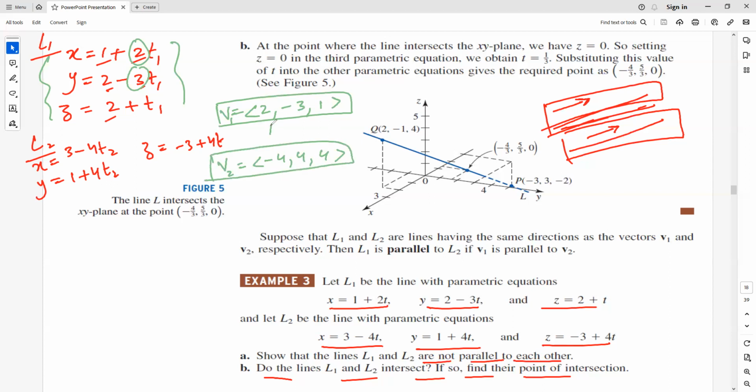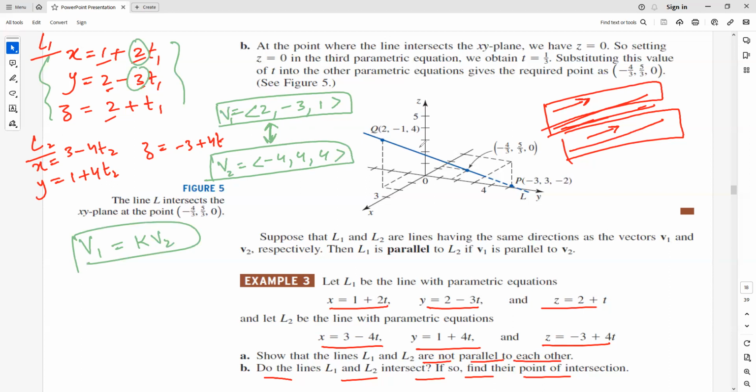Now we can see that these two vectors are not parallel, because neither vector can be represented in the form of the other, right? Neither vector is a scalar multiple of the other. For instance, we cannot write v1 equals some scalar times v2, because the coordinates are not in the ratio that allows it.